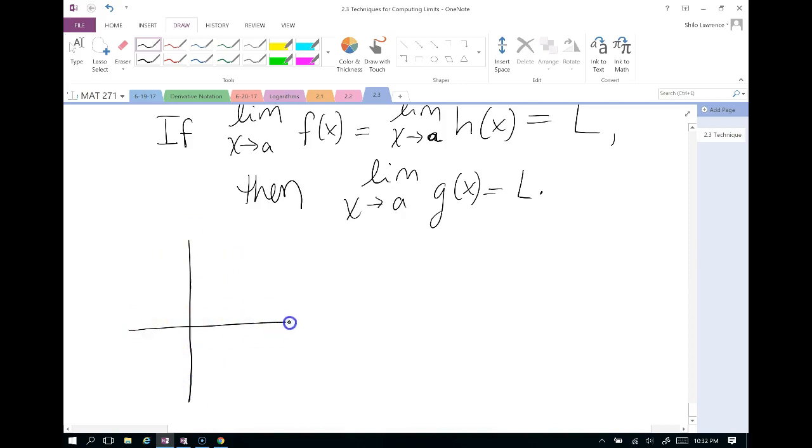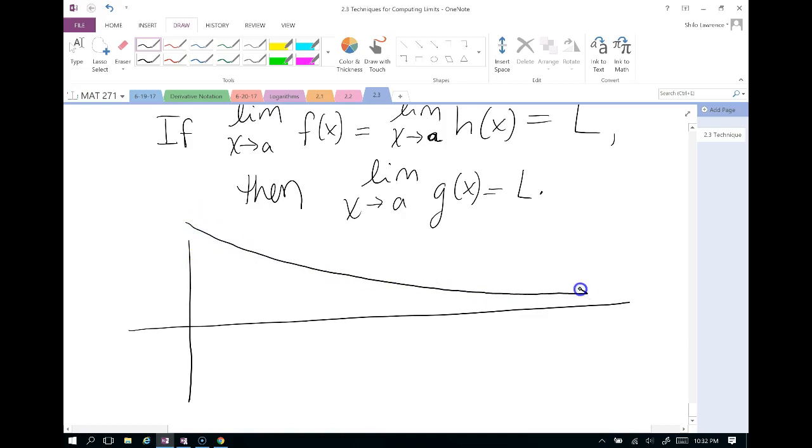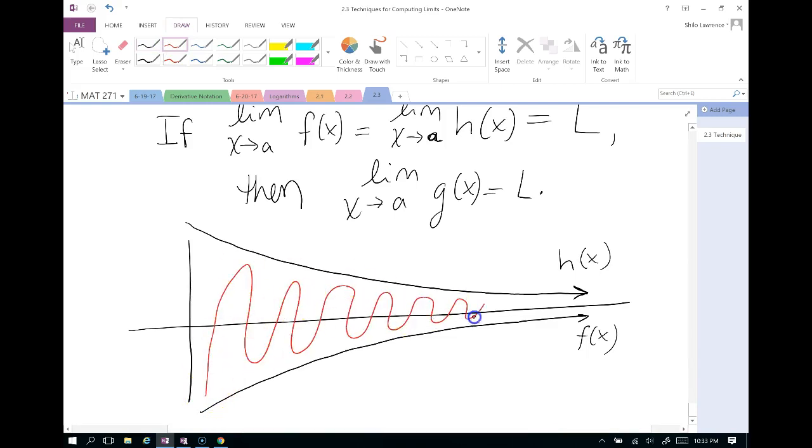So the idea is, if I've got my h function and my f function, where f has the smaller values and h has the bigger values, and then I've got this g function that's doing really crazy stuff in between, but I know it always stays in between, then if f and h have the same limit out here at a, then g has to also have the same limit out there at a.